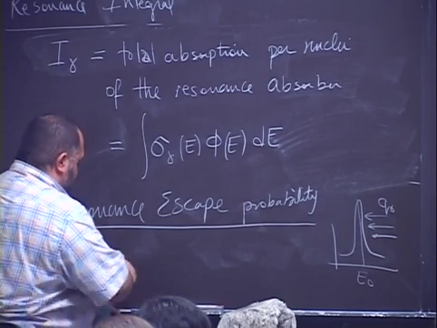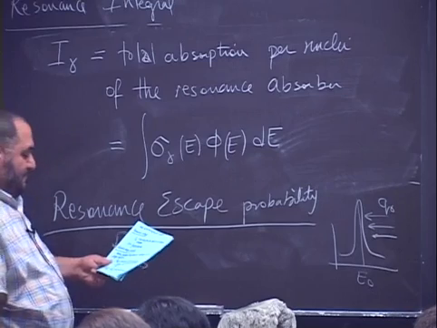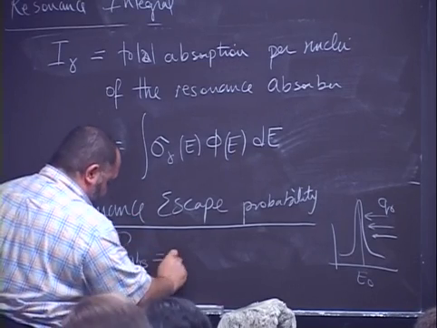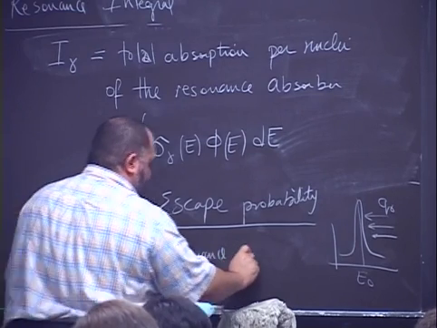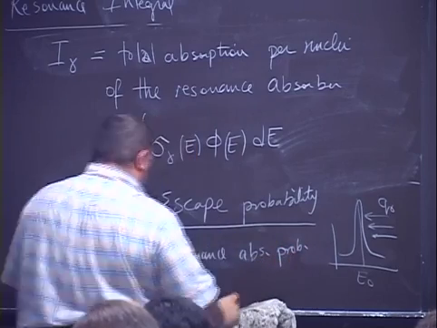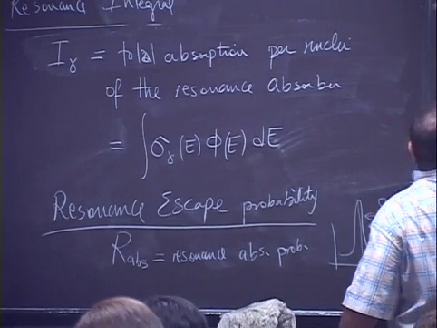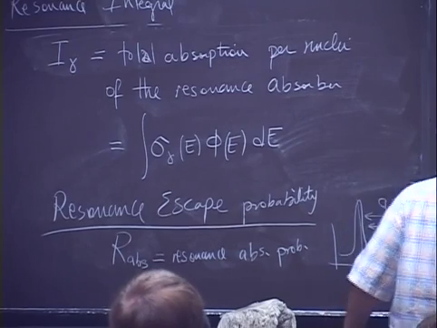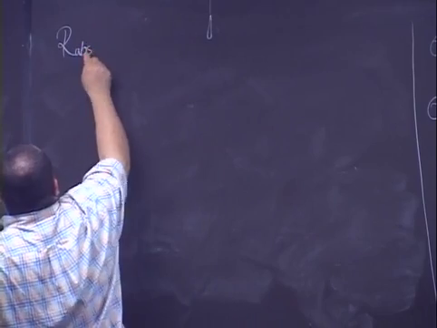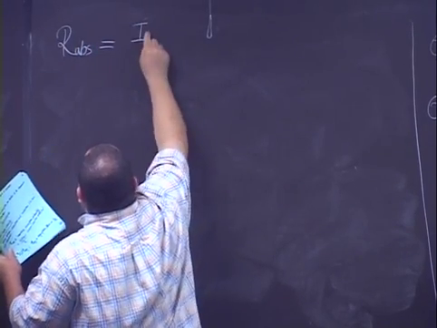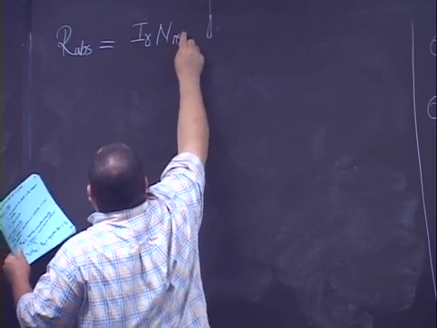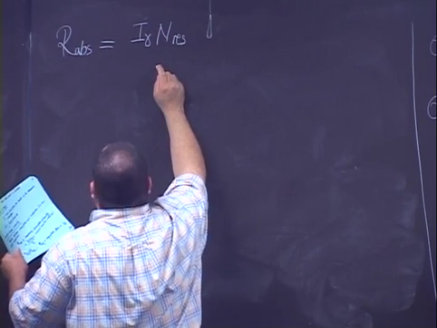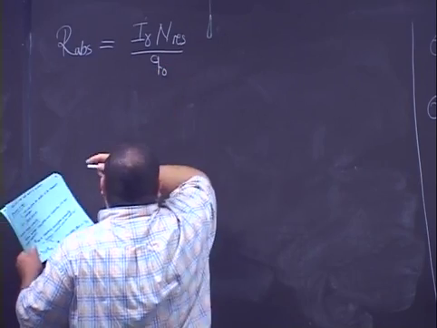So if we want to do the resonance absorption probability, so the resonance absorption probability is equal to I gamma, which is the resonance integral, multiplied by the number of resonance absorber nuclei divided by Q naught.